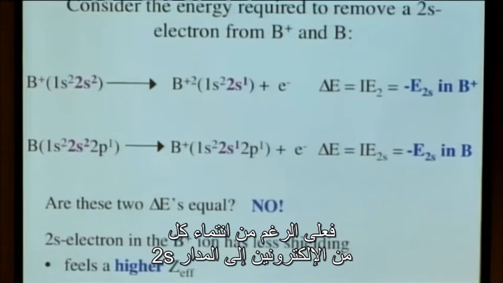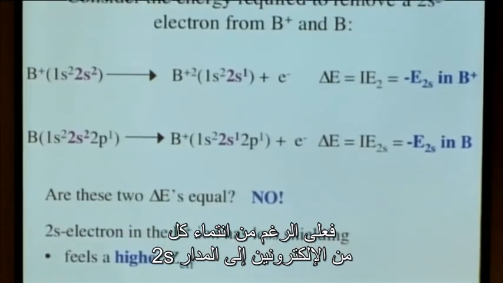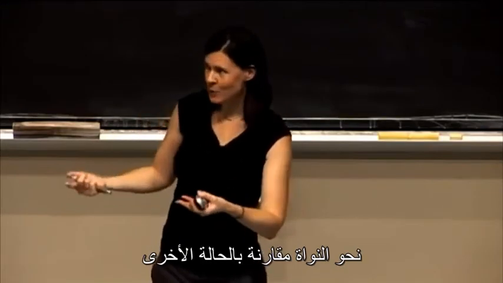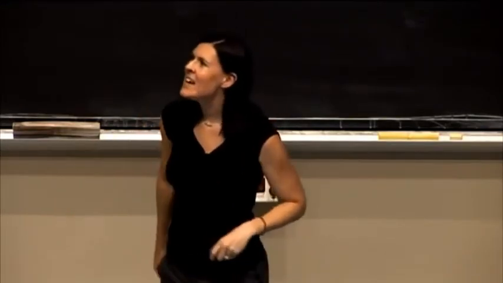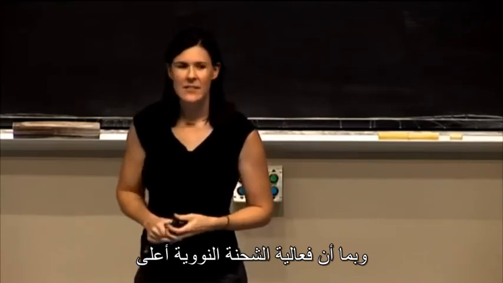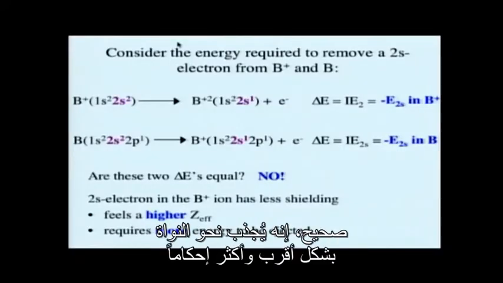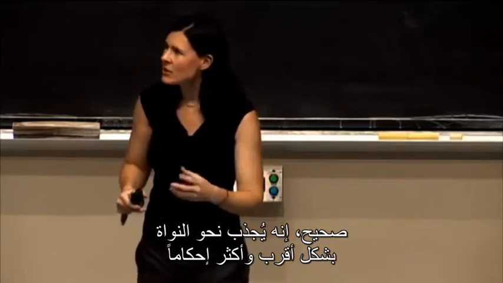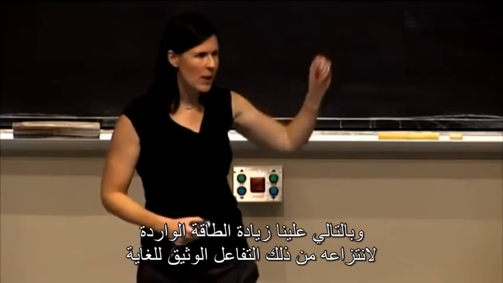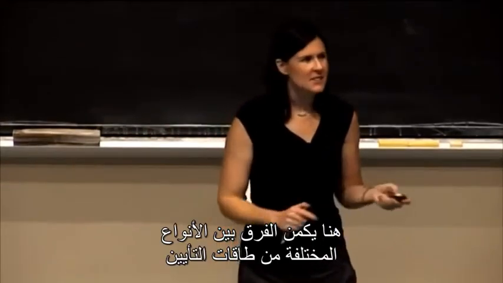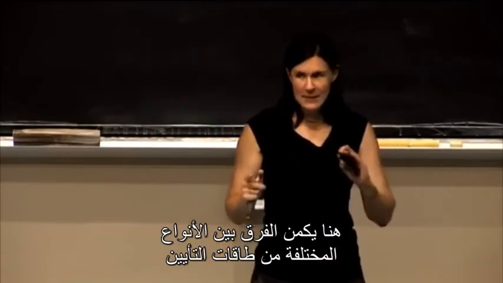So even though they're both 2s electrons, in one case it's going to feel more pull from the nucleus, and in fact it will be, than in the other case. If it's feeling a higher Z effective, it's going to require more energy to remove that electron, right? It's being pulled in closer and more tightly to the nucleus. You have to put in more energy to rip it away from that very close interaction. So that's the difference in thinking about different types of ionization energy.